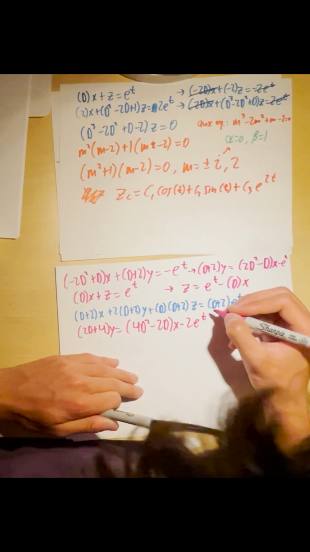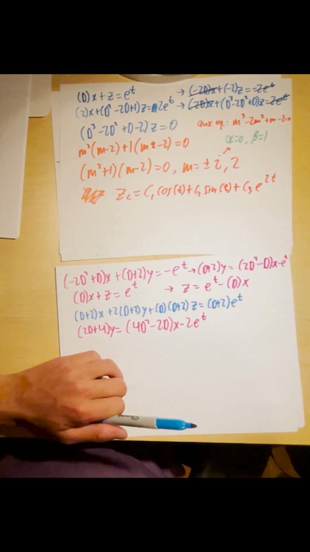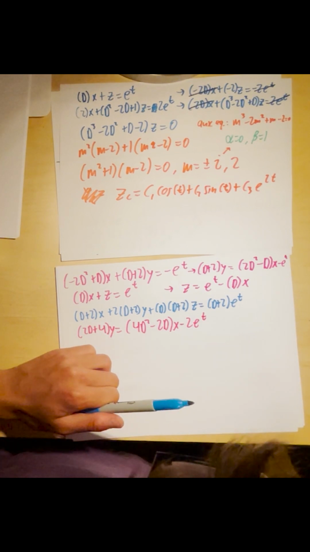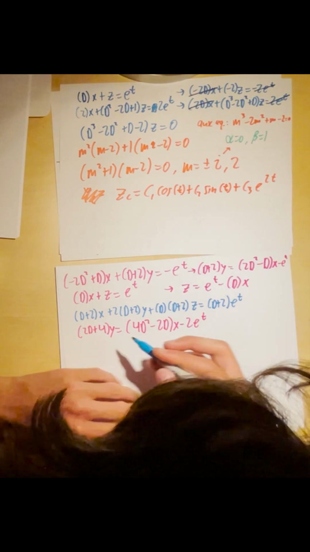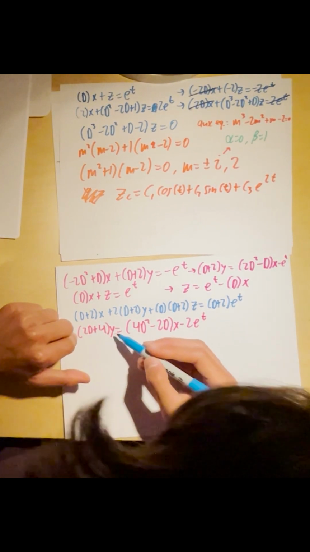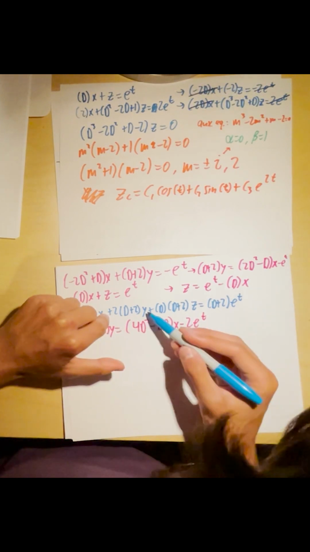Great. And so we can see that we've multiplied through and set it up so that we have something in terms of y equals this, and we can plug that right in here.